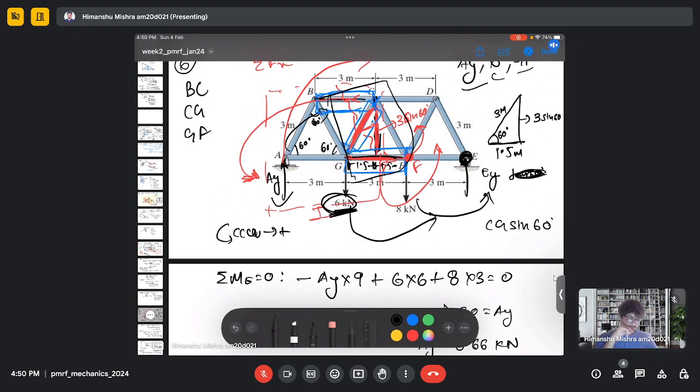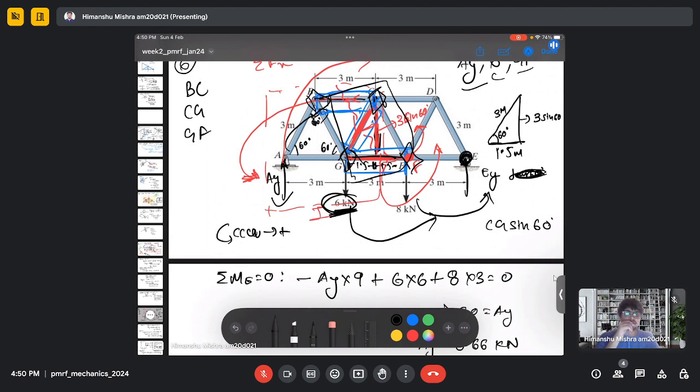So you can consider C, you can consider G, you can consider F, or you can consider B. Any point we will take. So you have to inspect, if you take the moment, let's say around B, what are the forces which are causing the moment? You have to check that.